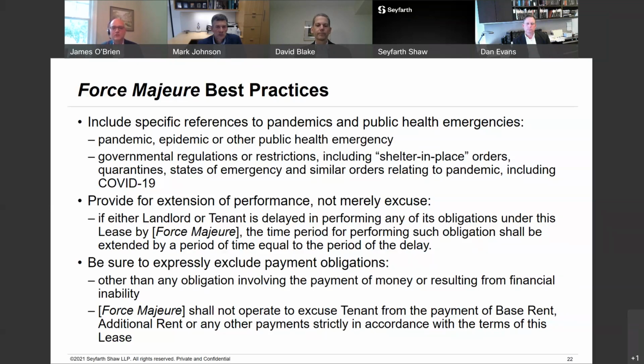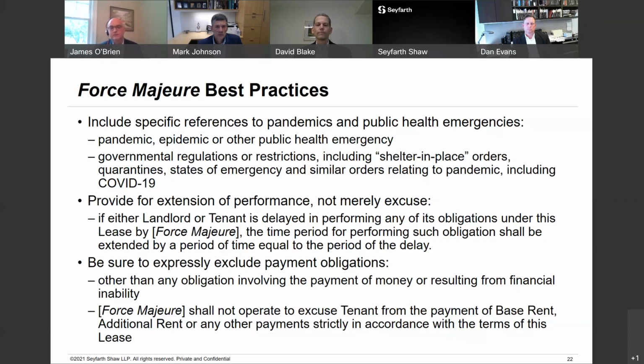Force majeure kicks in, you're excused. Okay, well, so you're excused. What does that mean? So you're not in default for not performing, but what about those penalties that kick in? Do those get extended out, or you're excused, you're not in default because you didn't deliver the space, but now it's 30 days later. Does the tenant start getting the rental abatement that they negotiated, or does the time period for all of these things get pushed out? I think the answer you want is that the time period is going to get pushed out.